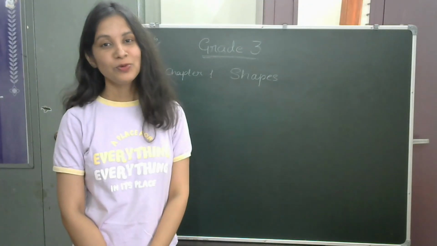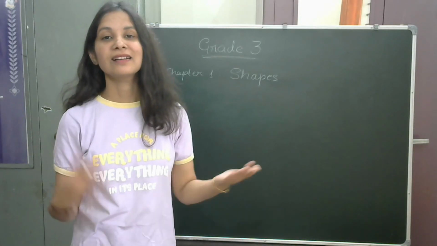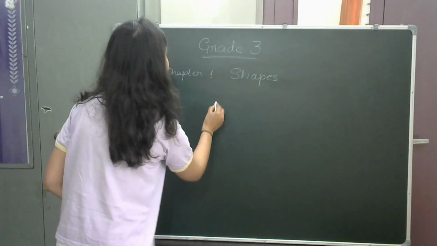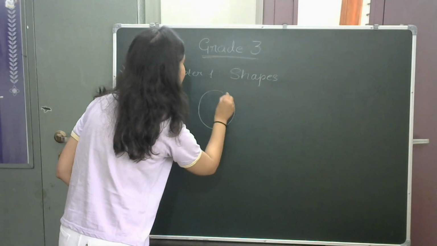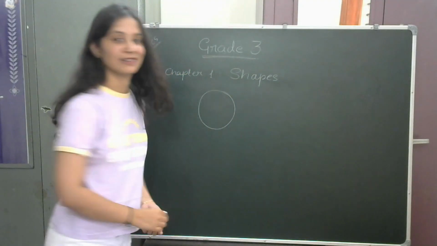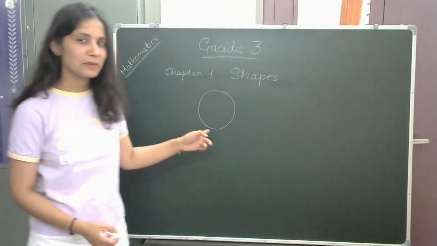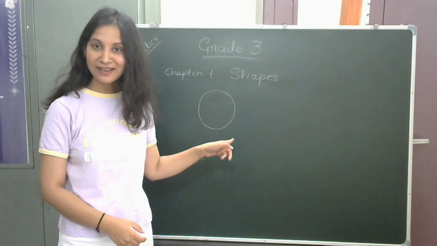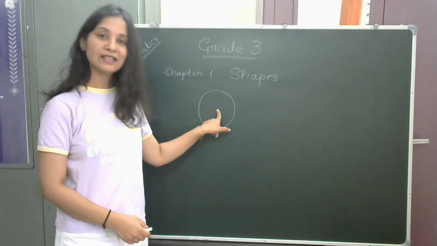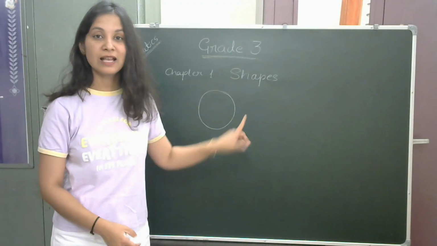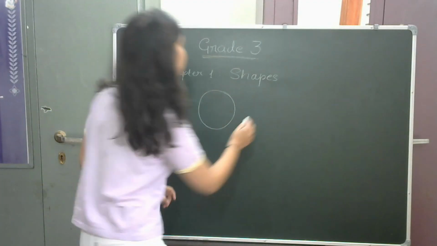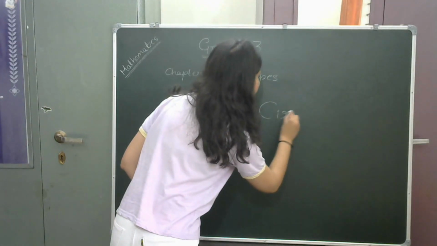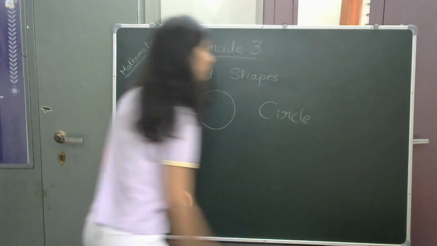Let me take you through one of the last basic shapes. What is this? Yes, is it a chapati or a pizza? It is a circular shape, right? We call it a circle. What is this, children? Circle, right?